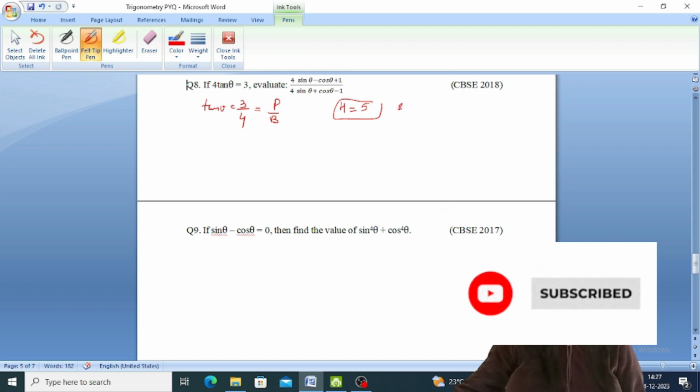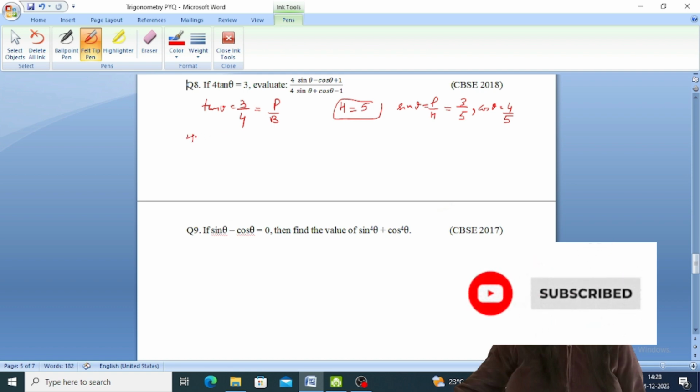So what will be sin theta now? It's perpendicular upon hypotenuse, so it is 3 upon 5, and cos theta is base upon hypotenuse. Base is 4, hypotenuse is 5. Let's put the values now.